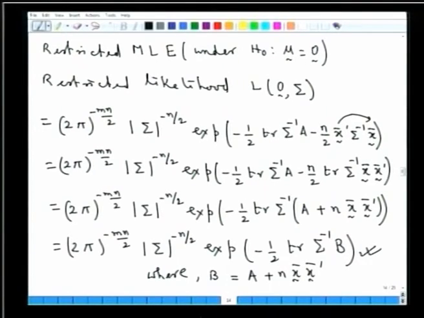When we had unrestricted setup, then we had to find out the maximum of such a similar quantity with A replaced by just this B, with this B just replaced by this A. Now the maximum likelihood estimator of sigma in such a situation was 1 upon n A. By using the same logic, by analogy actually, what we can say is that from this expression here, if I name this equation as 1, then the maximum likelihood estimator of sigma in the restricted setup would just be given by 1 upon n B.